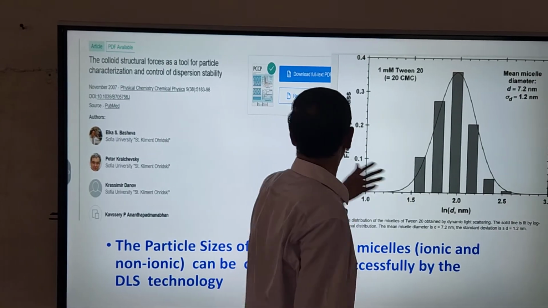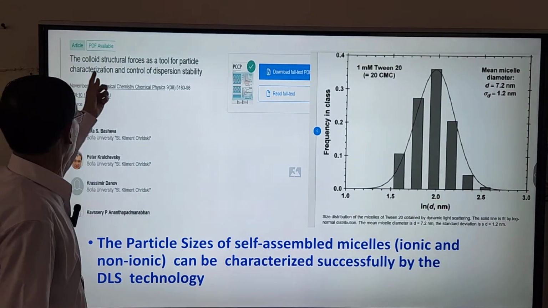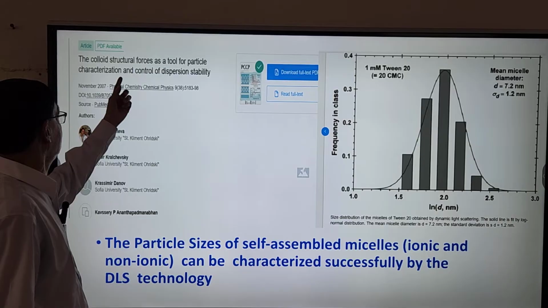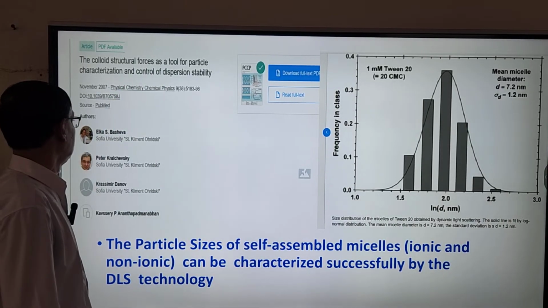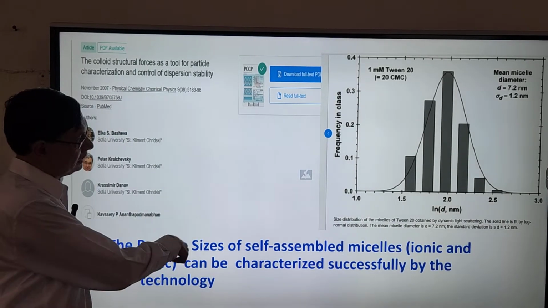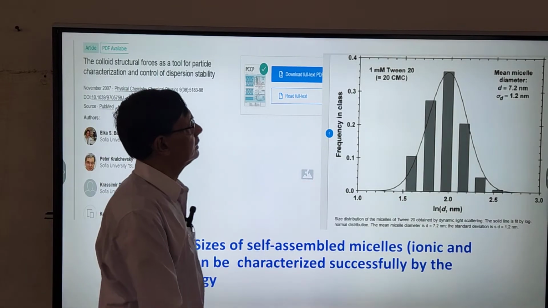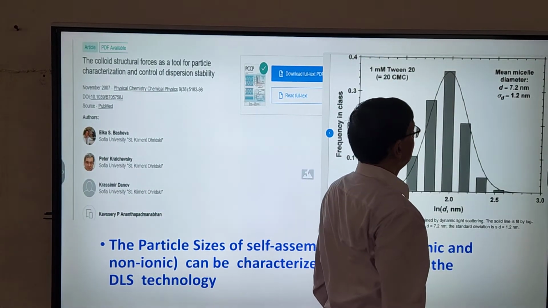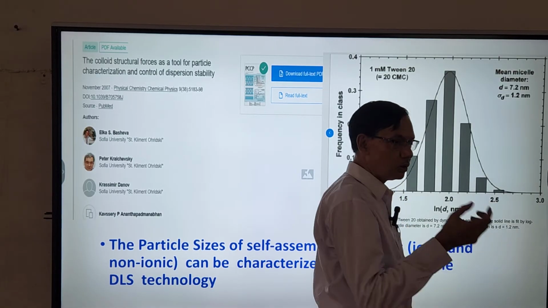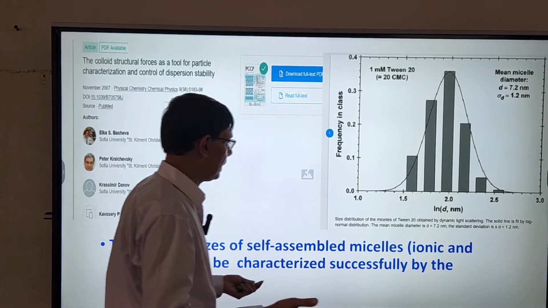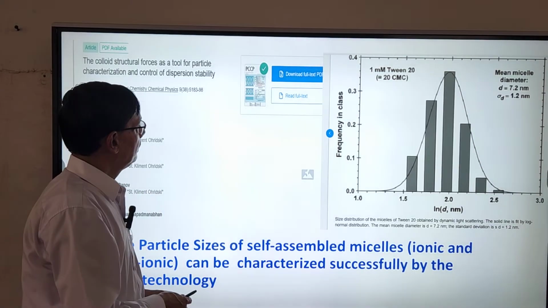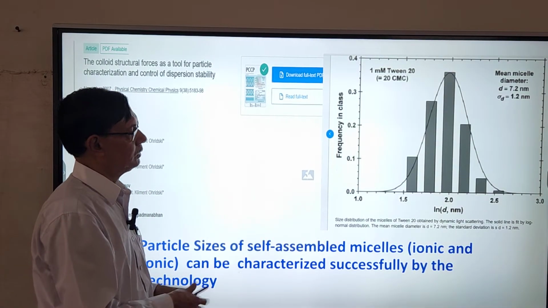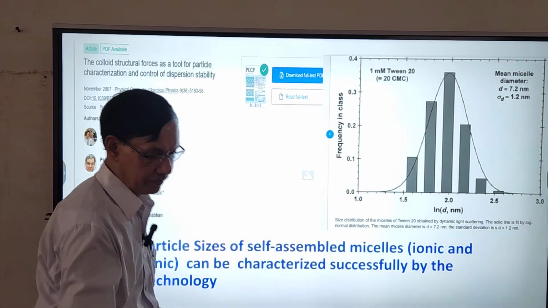I am taking this from another research paper on colloidal structural forces as a tool to control dispersion stability. There are a large number of research papers, and you can calculate the actual micelle diameter, 7.2. We also determined it, but due to shortage of time I am unable to prepare this transparency, so I have taken it from the literature.